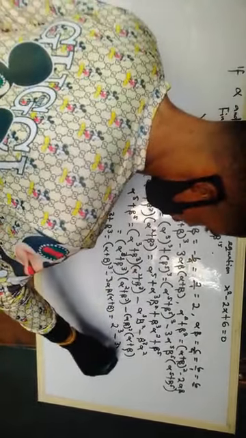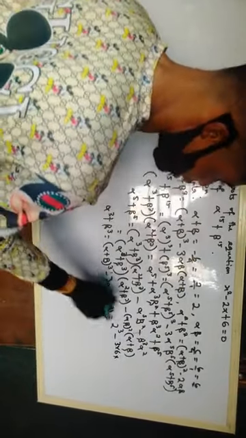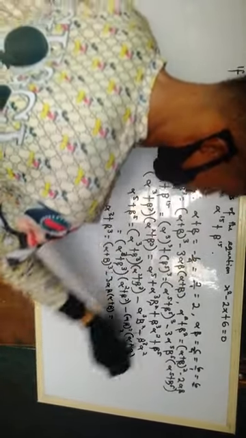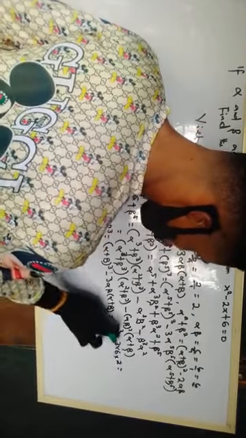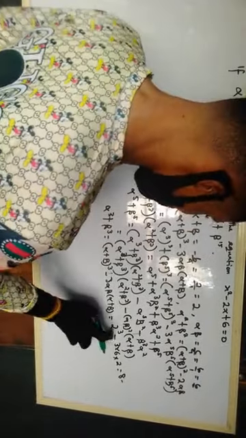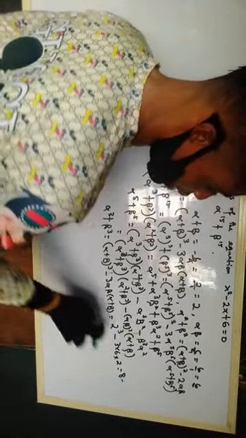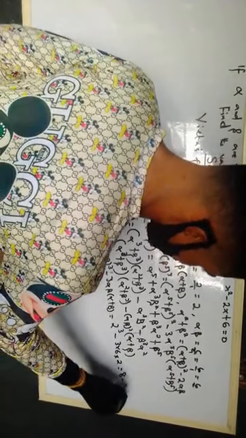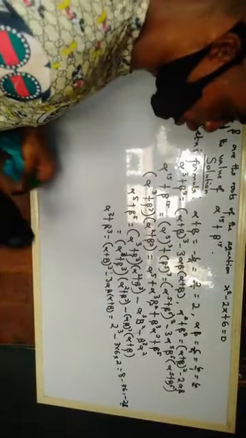So this becomes 3 times 6 times the bracket α + β, and that is 2. So 2^3 here is 8, minus 3 times 6 is 18, and 18 times 2 here is what? 36. And 8 minus 36 is giving us negative 28. So this is the value of α^3 + β^3.